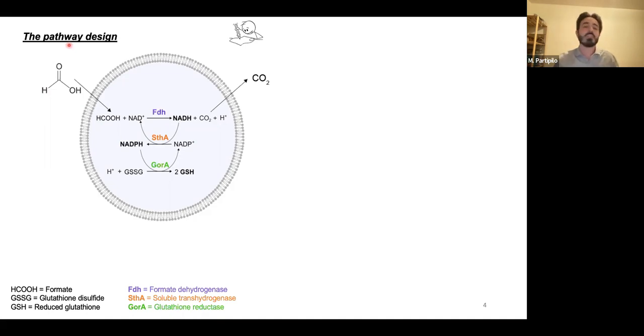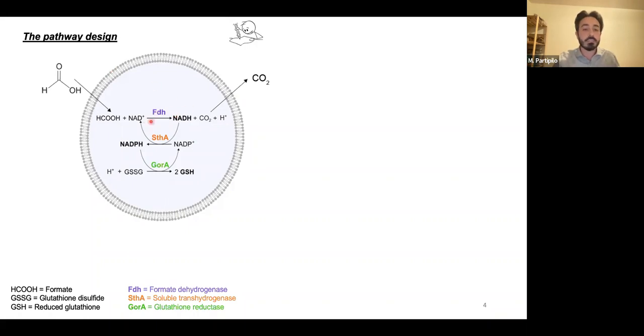The two main reasons are that first, it is an ideal electron donor because it has a very negative reduction potential, but also it is permeable to phospholipid vesicles. This means that by adding formate to the vesicles that contain our enzymes, we can start our redox reaction.